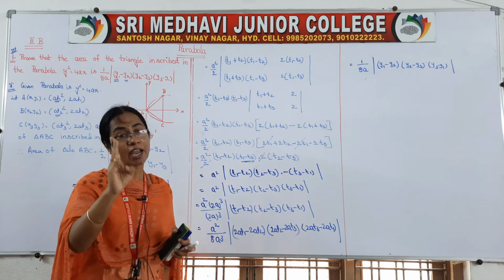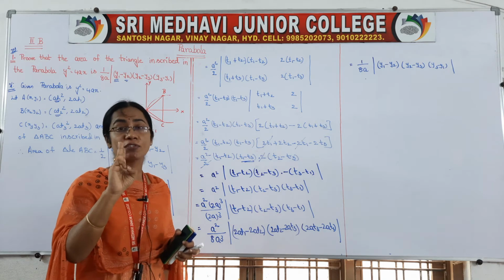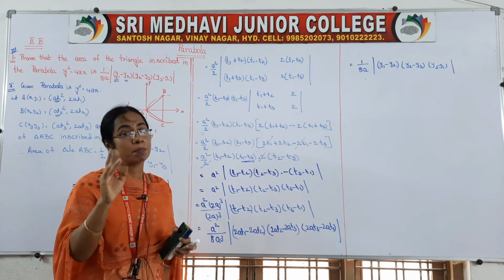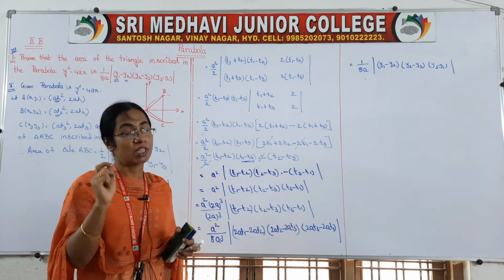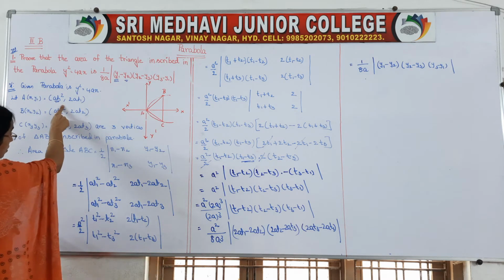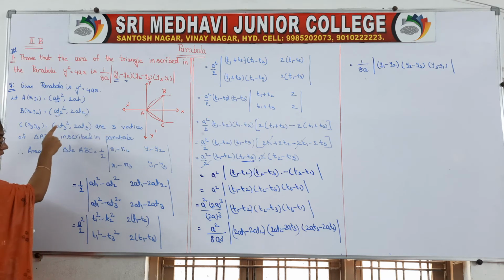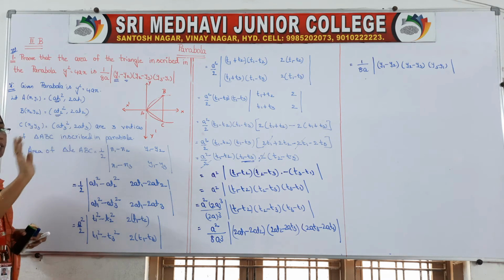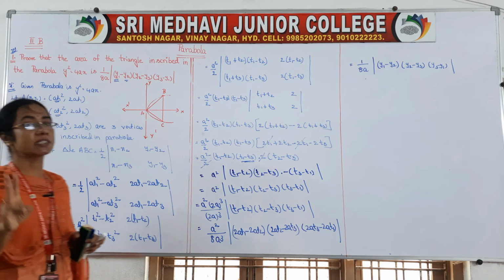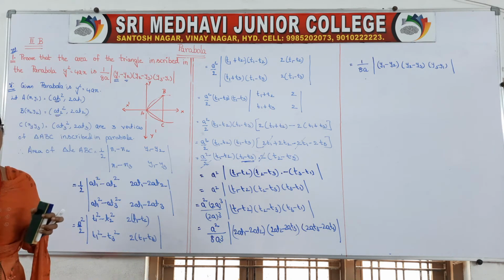But here we have 3 points on the parabola, the 3 vertices of the triangle ABC. So that's why I have taken the 3 vertices as (at1 square, 2at1), (at2 square, 2at2), (at3 square, 2at3), the 3 vertices of the triangle which lies inside the parabola.